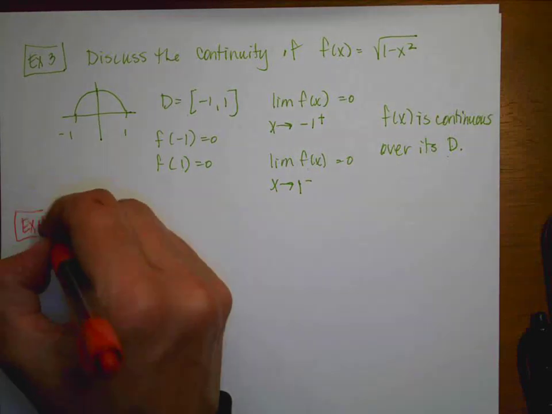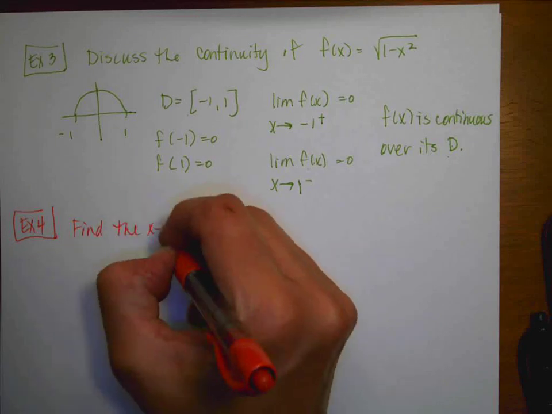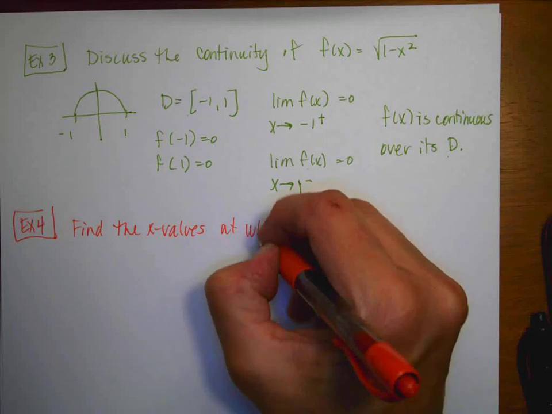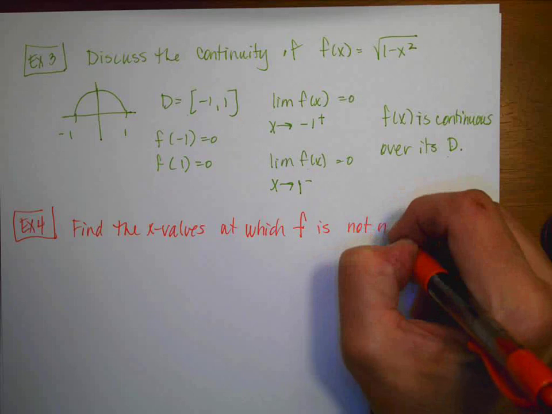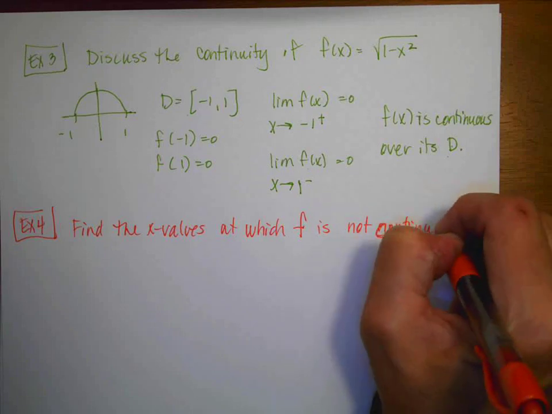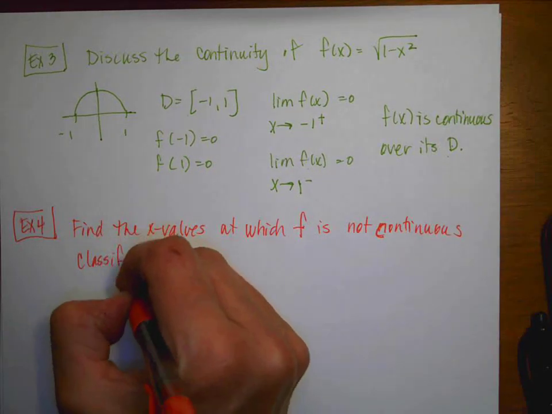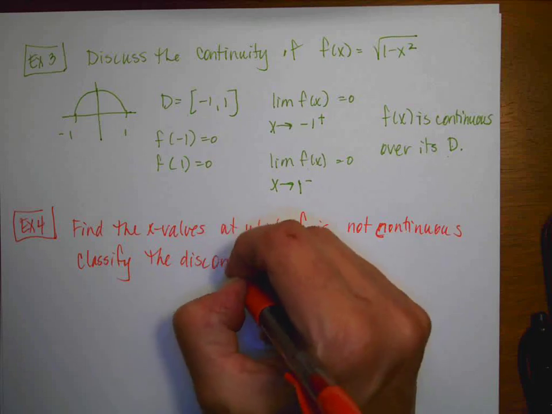All right, example number 4 says find the x values at which f is not continuous, and then classify the discontinuities.